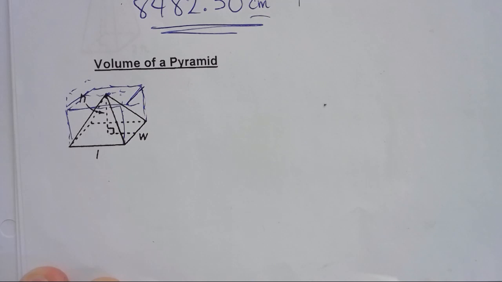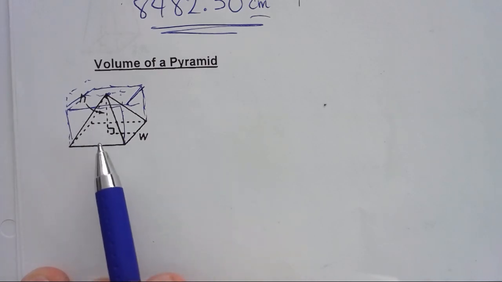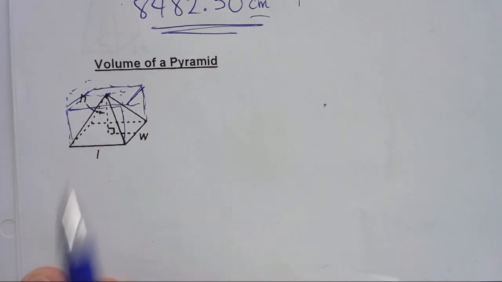It's hard to believe looking at it, but the pyramid's volume is a third of the prism's. I know it looks like it's maybe half. It isn't half. It's actually a third.